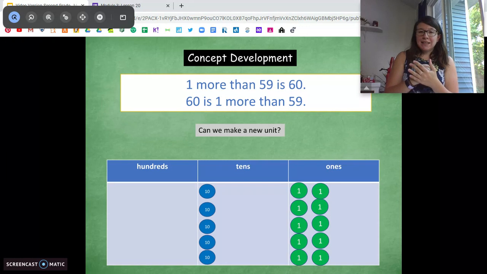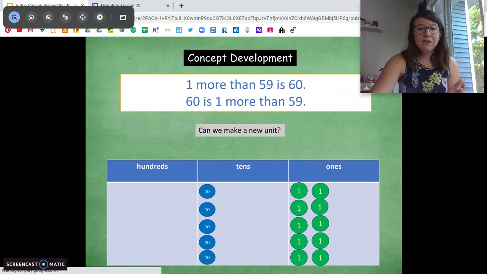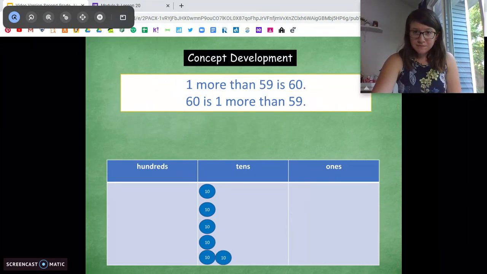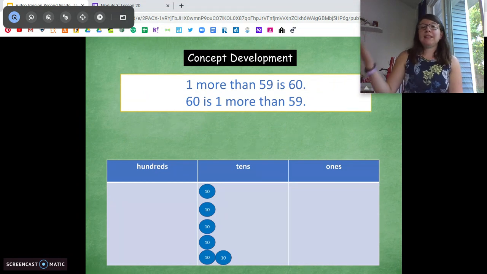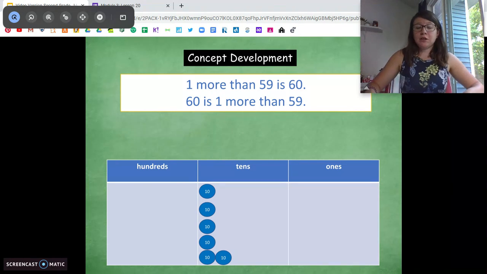So 60, we can add that over into our tens place, so we have 6 tens that equals 60. So one more than 59 is 60. 60 is 1 more than 59. Do that on your board now. So you should have 6 tens now. No ones, 6 tens. Okay, that's our 60.